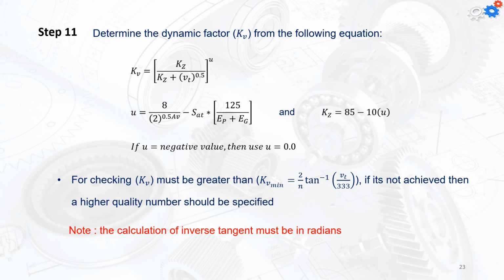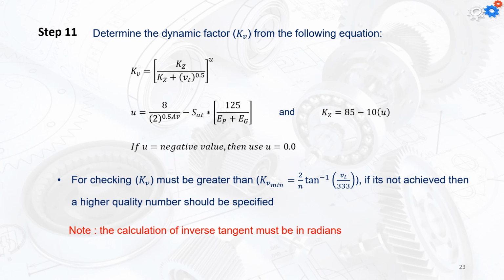For checking the value for the KV, it must be greater than the KV minimum, which can be calculated with the equation of 2 divided by n multiplied by the inverse tangent of the VD divided by 333. If it is not, then simply a higher quality number should be specified.